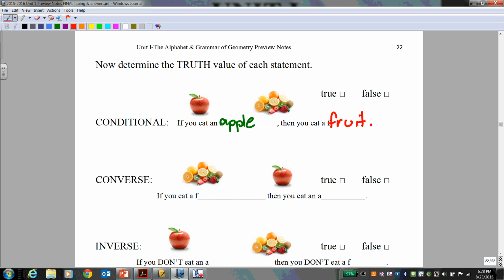So if you have an apple in your mouth, then you have a fruit in your mouth. And you ask yourself, is that true or false? Always. And yes, this one's going to be true because an apple is a fruit. Got it? So that's a true statement. And when we say something is true, it's always true, no exceptions.